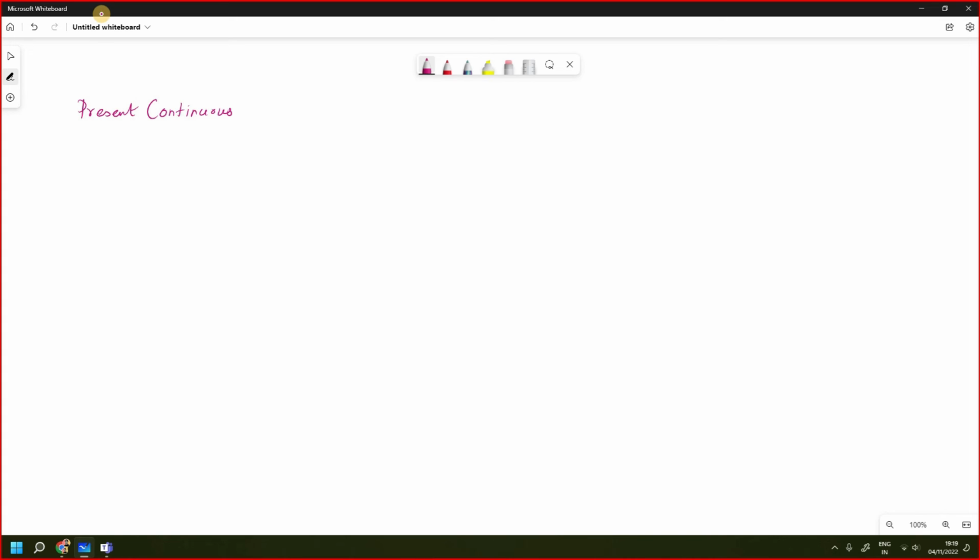Present continuous tense. Now, present continuous tense is also called progressive tense. Not just present continuous, all the continuous tenses are called progressive tense also. So, in case they give you progressive tense, don't get confused. They're just talking about the continuous tense.